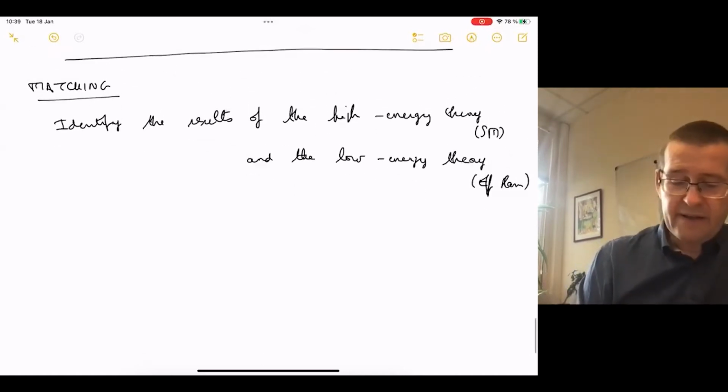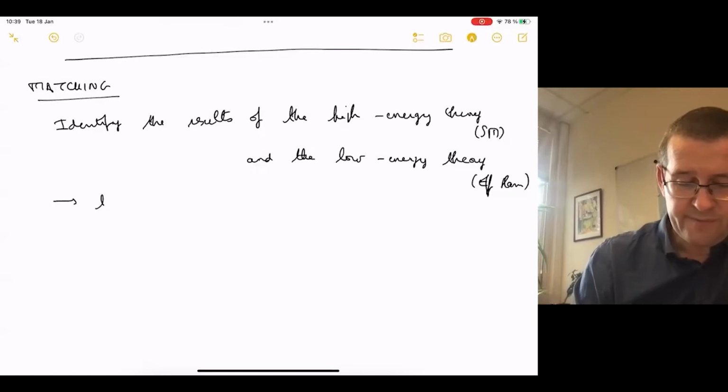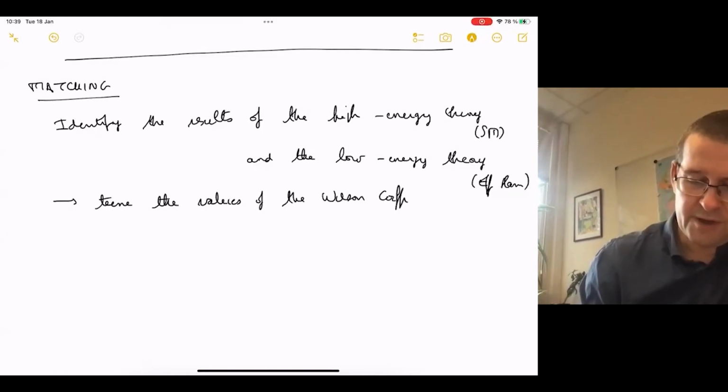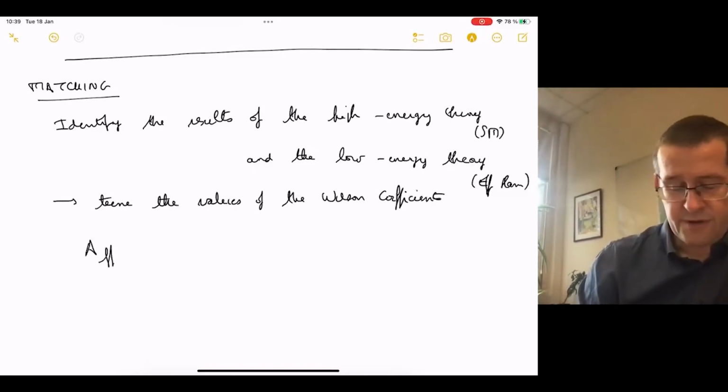I have to tune the values of the Wilson coefficients, and that's matching.